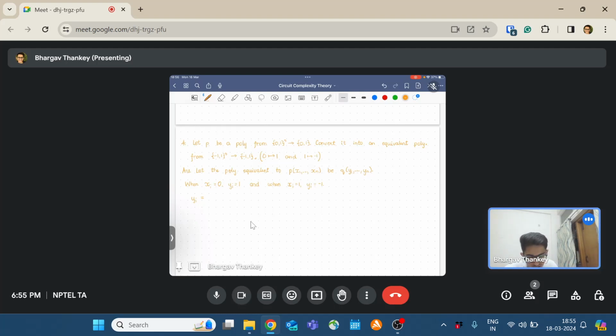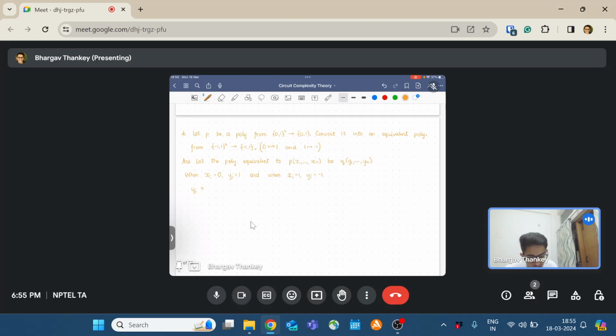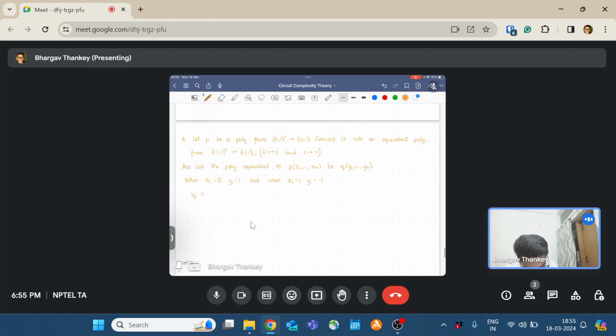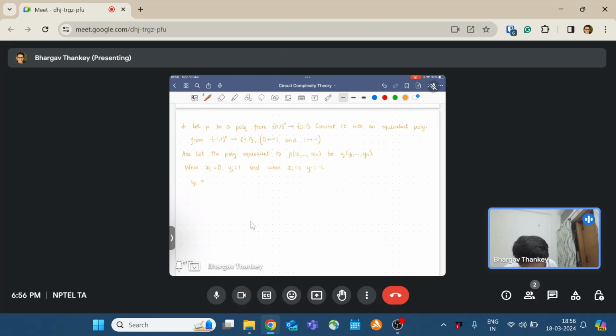And we saw how to convert a Boolean function into a polynomial. So over here, applying that would look like (1 minus x_i) times 1 plus x_i times minus 1.